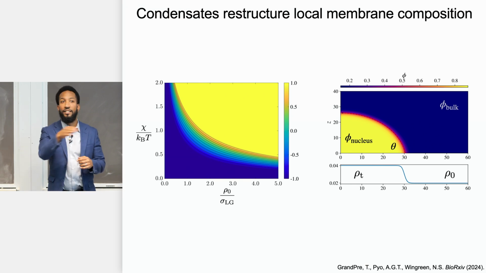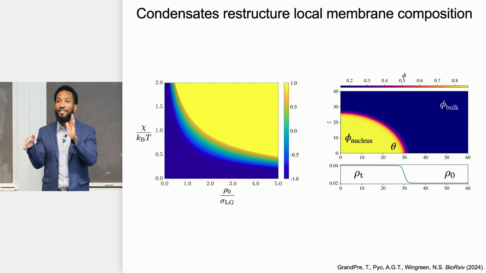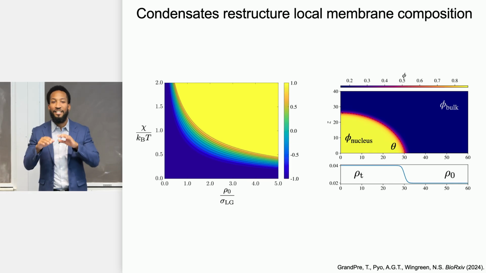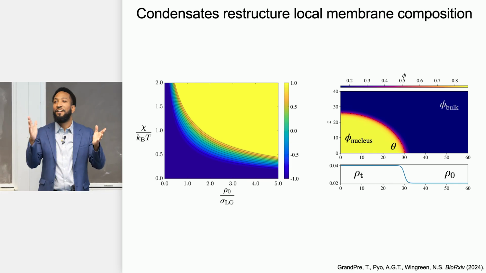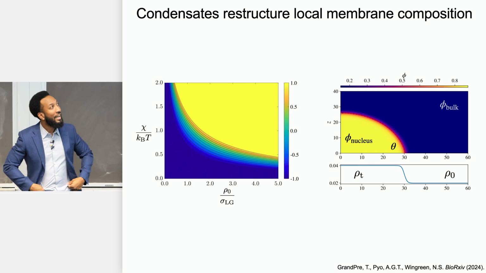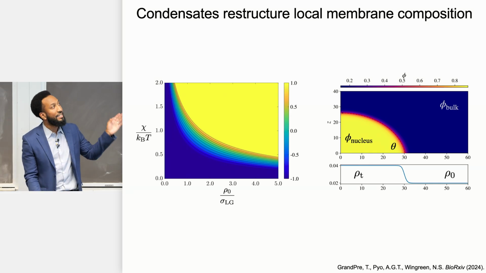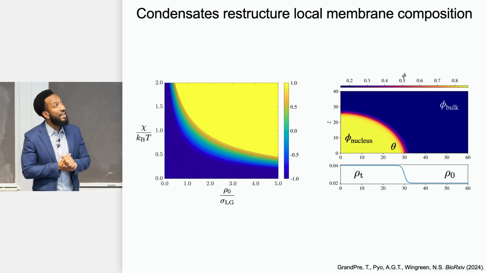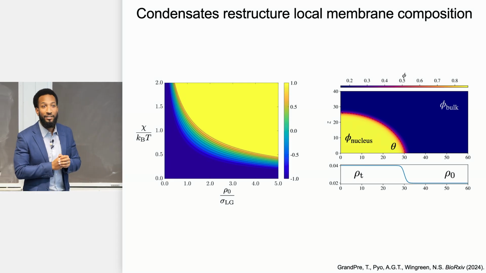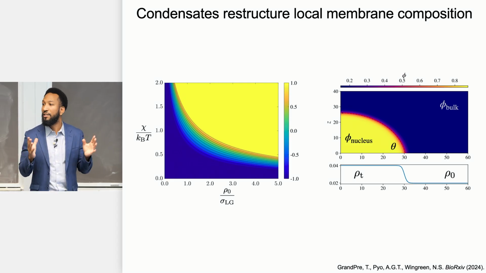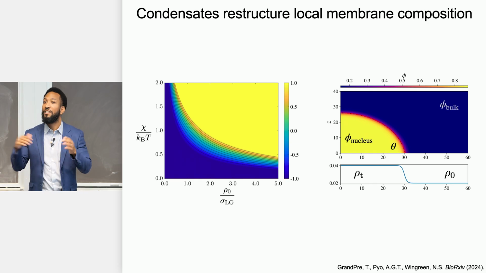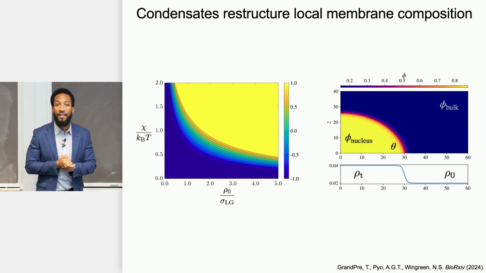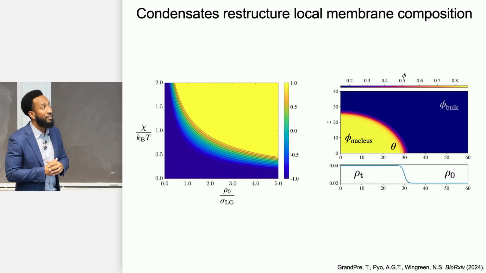Since it's radially symmetric, we could just cut it in half and look at one side. If I looked at the other side, it would be exactly the same, so we don't have to look at the other side. And phi bulk is the outside of this liquid-like droplet. As you can see, it looks spherical as we would suggest, but we're not enforcing it to be spherical. This is just equations of motion for interacting with a surface.